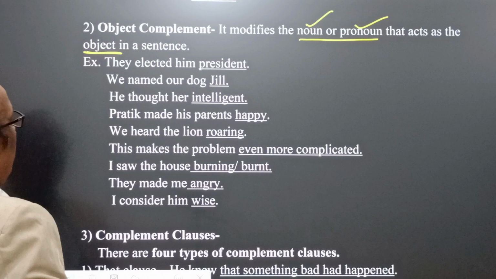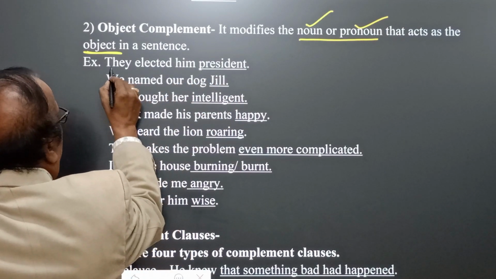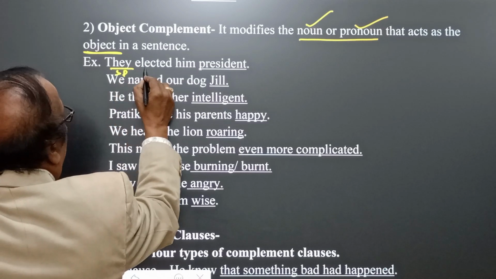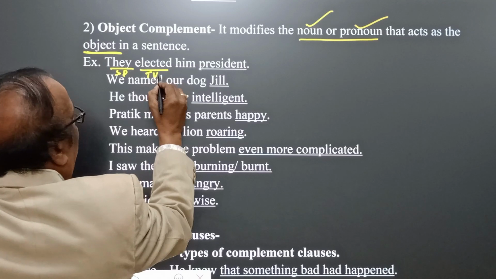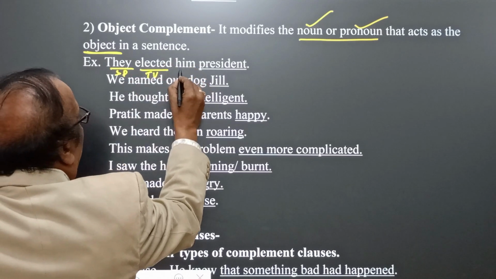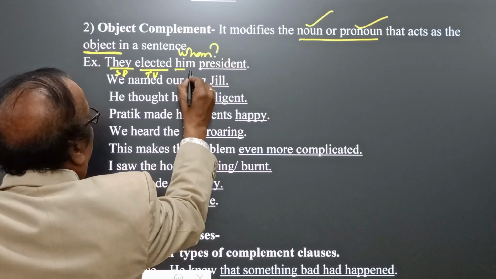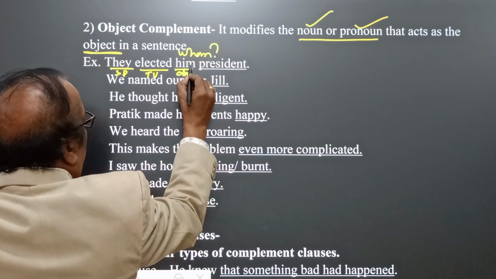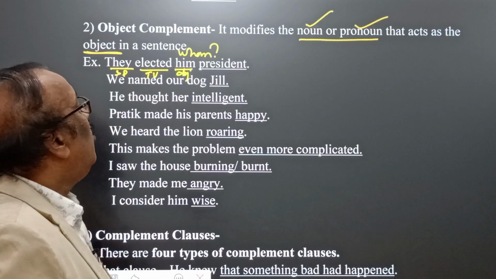How? You see, they elected him president. They is the subject part, elected the transitive verb, and whom? Him, the object. They elected whom?